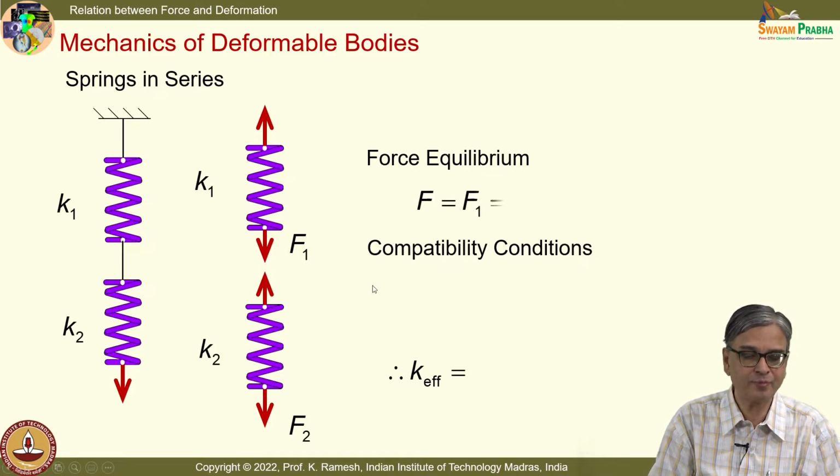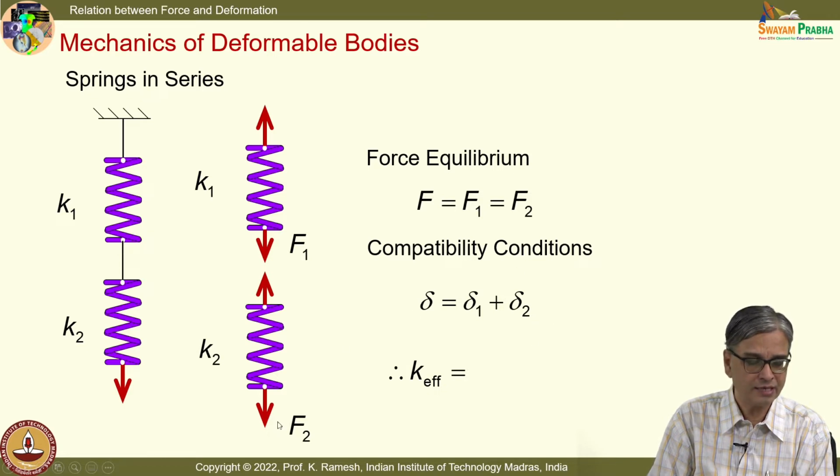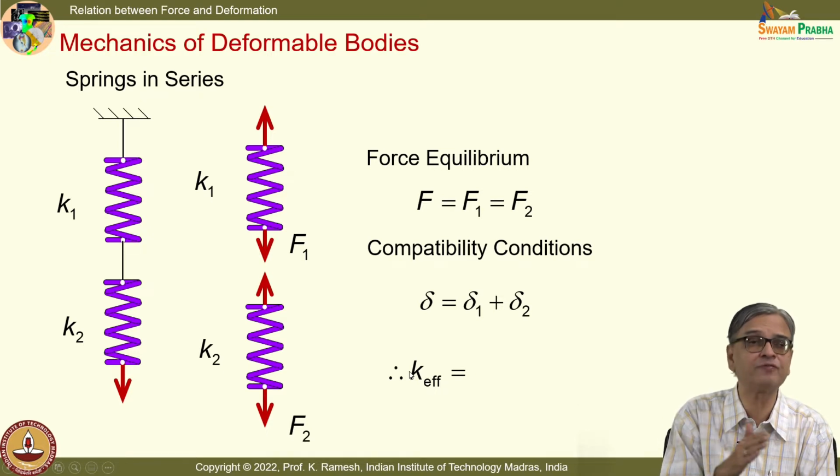So, the force equilibrium is each of the springs is experiencing the same level of force, but the compatibility is: I have delta 1 for spring 1, delta 2 for spring 2, and what happens at this end is the summation of these two displacements.